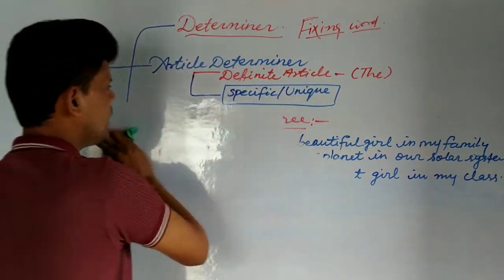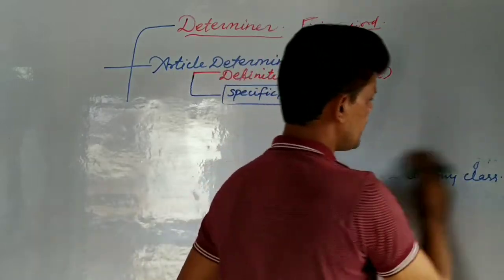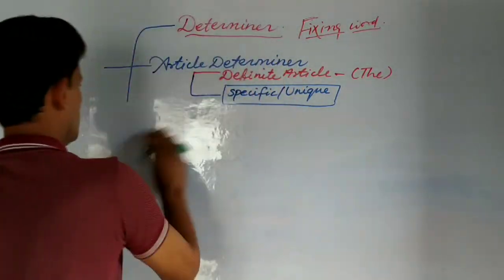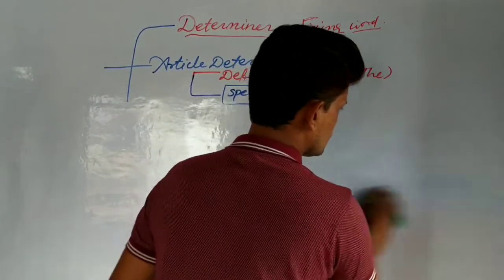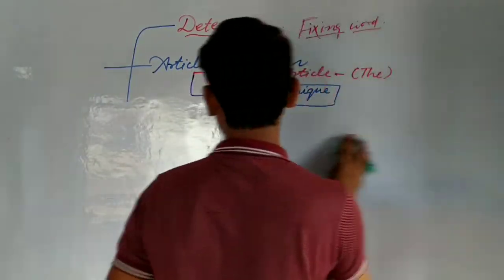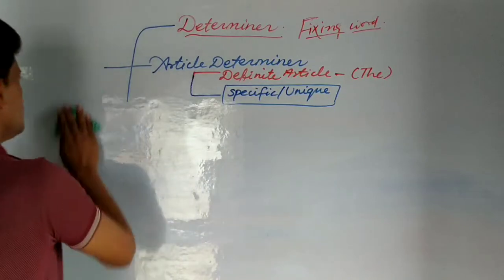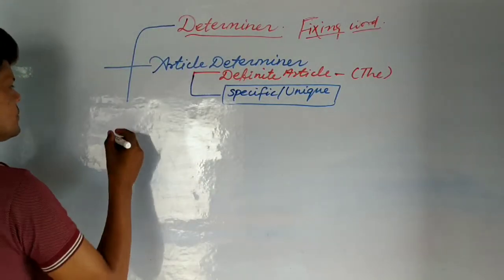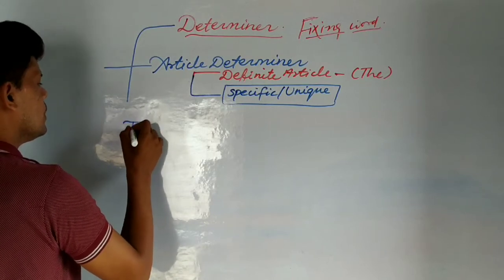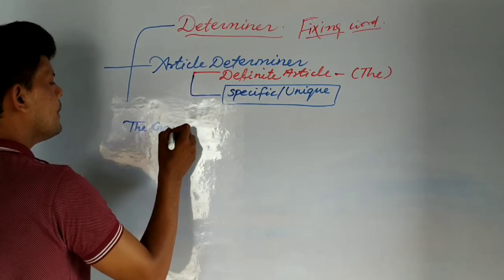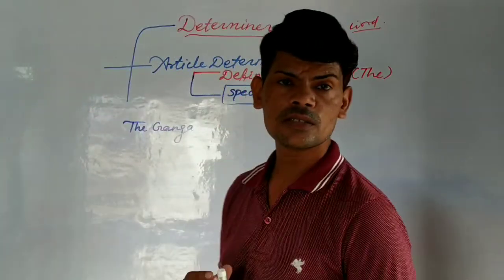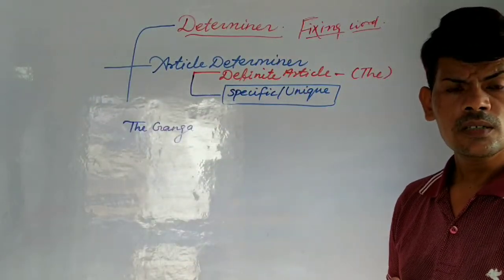Before the proper nouns we can use definite articles, before proper nouns which have physical features which are unique, like the Ganga. If we are talking about rivers, this is a common noun.